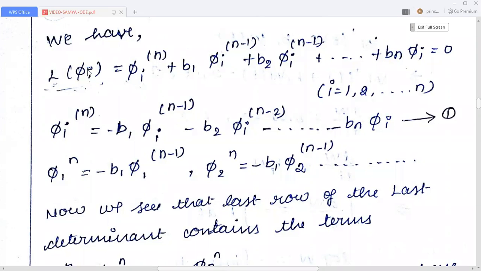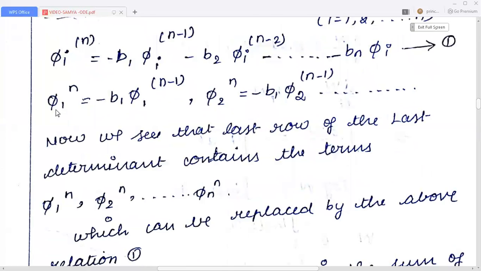So instead of x we put pi I. So pi I power n plus b1 into pi I power n minus 1 plus b2 into pi I power n minus 2 etc. plus bn pi I equal to 0. Here pi I power n can be written as minus b1 into pi I power n minus 1 minus b2 into pi I power n minus 2 etc. minus bn into pi I. This can be taken as equation number 1.